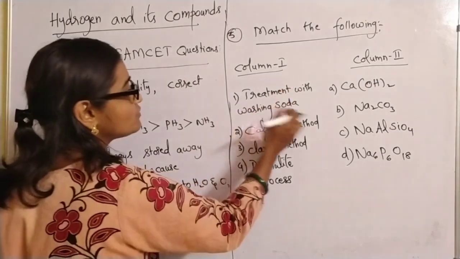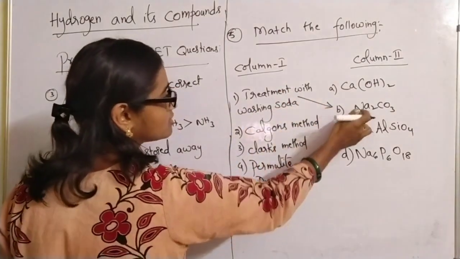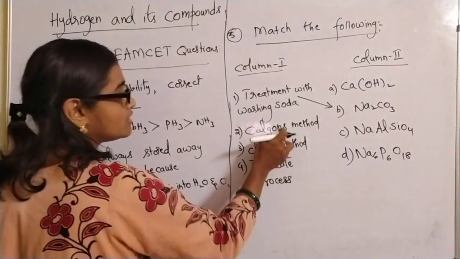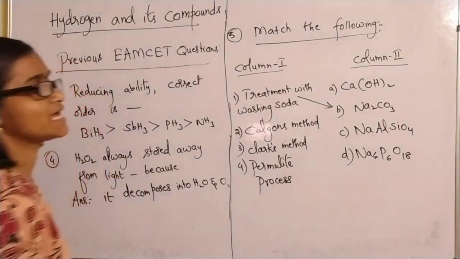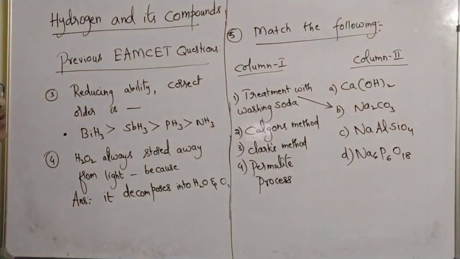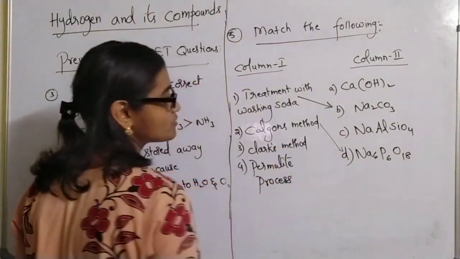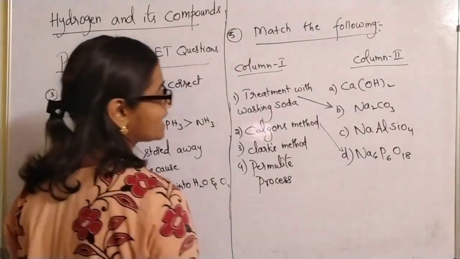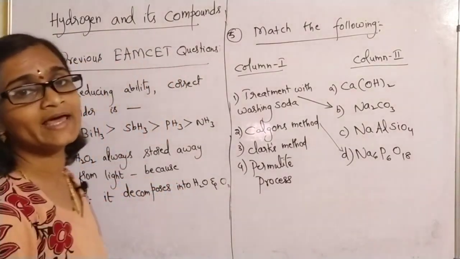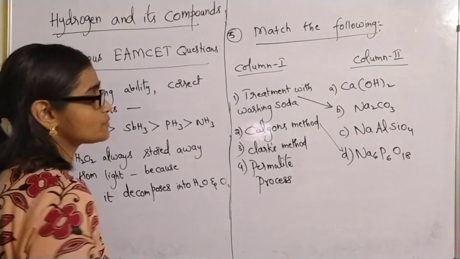So treatment with washing soda means just you have to go with the formula. Then Calgon's method. What is Calgon's method? You have to use sodium hexametaphosphate, so the option will be D. Then Clark's process is what? Adding lime is called Clark's process.